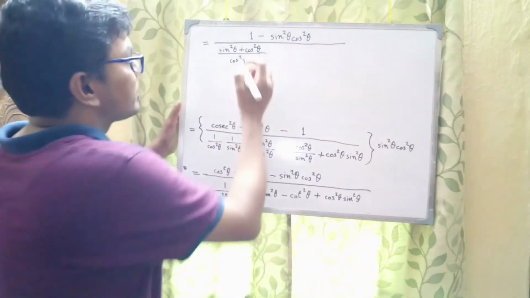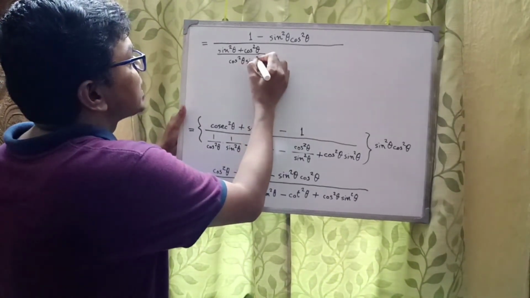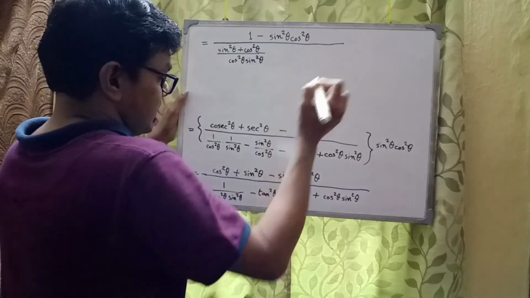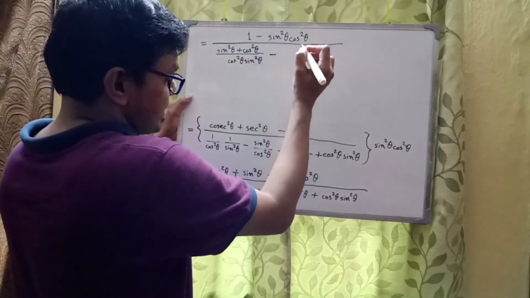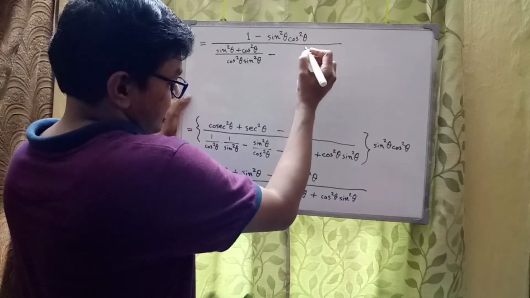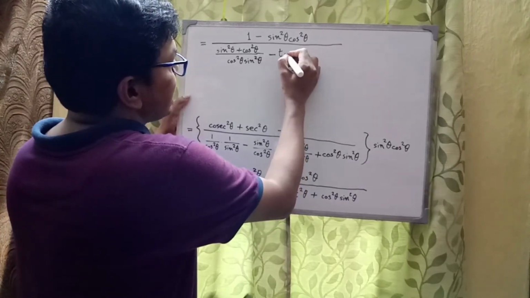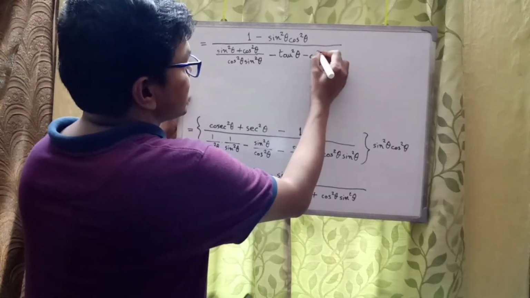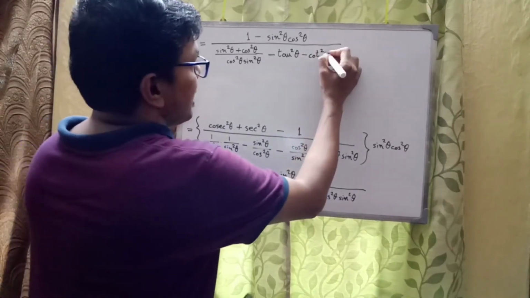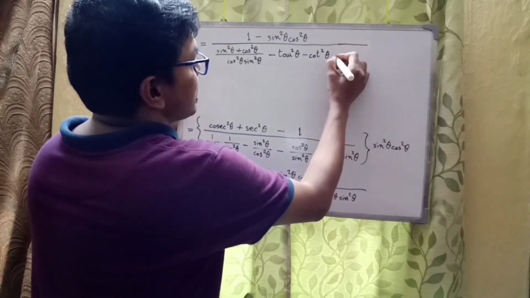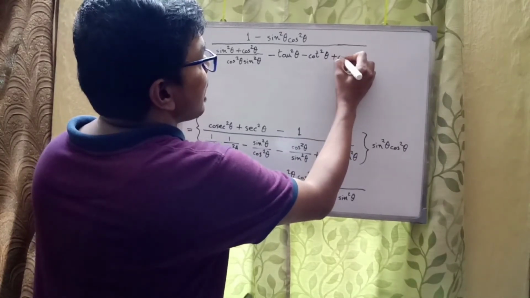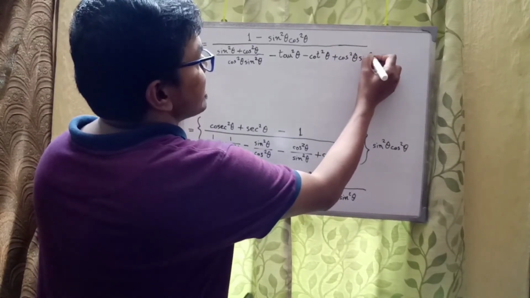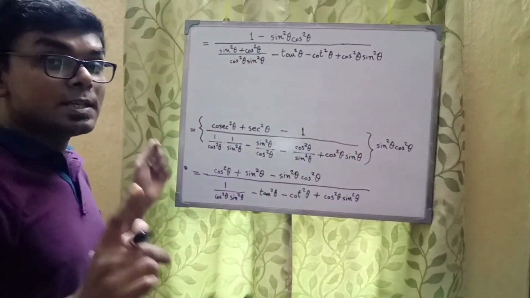Okay, so cos square theta sin square theta minus tan square theta minus cot square theta plus cos square theta sin square theta. This sum is a bit big, but please don't be impatient.